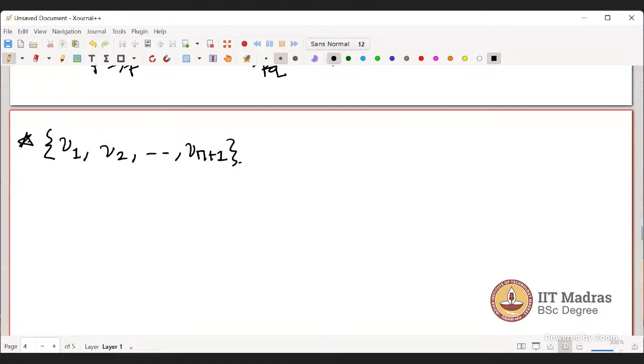I mean, let's say we have R3 or even R2, but we are taking V1, V2, V3. So will it always be linearly dependent? Yeah, so what is the issue? I thought it was actually independent, it could be. That's what I was thinking. No. Suppose you have 3 vectors in R2, right?